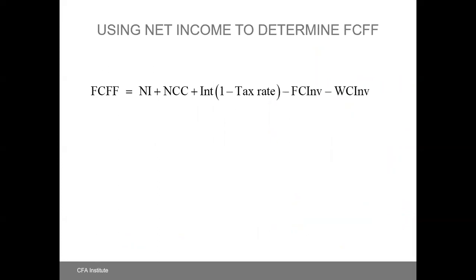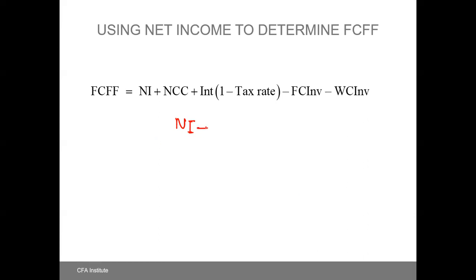So we are starting with a very basic definition of the free cash flow to the firm. We are starting with net income. We know where we get the net income. So we have the net income number. We believe that this is available to the equity holders only.